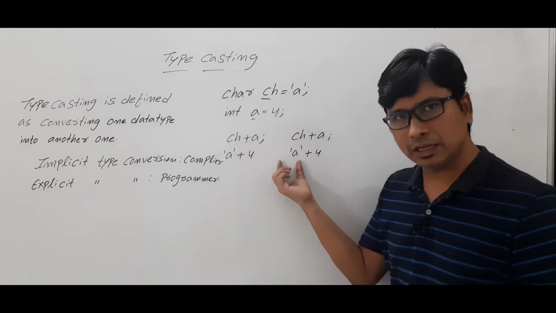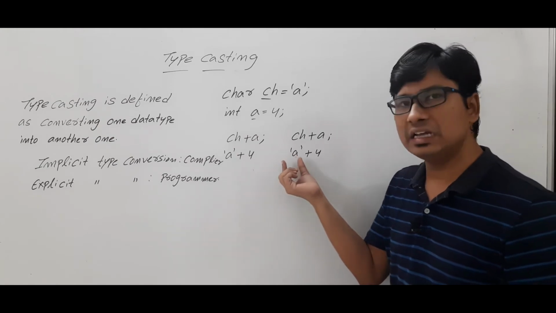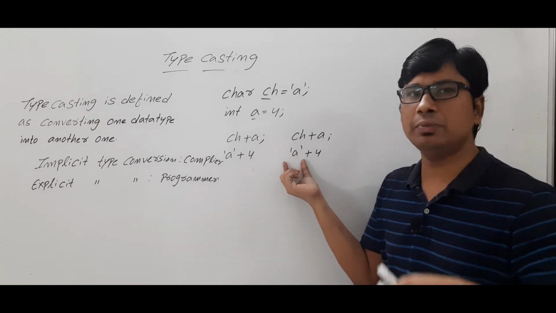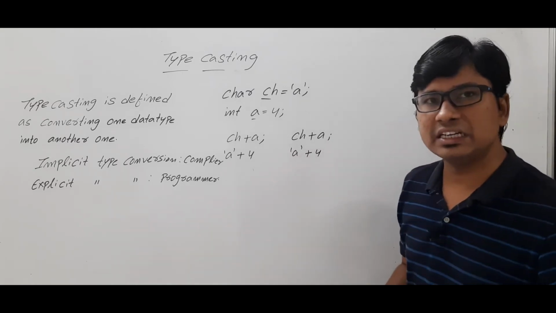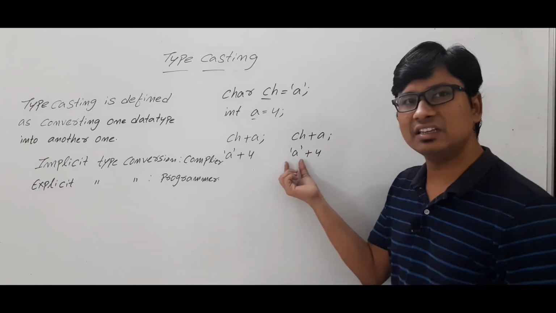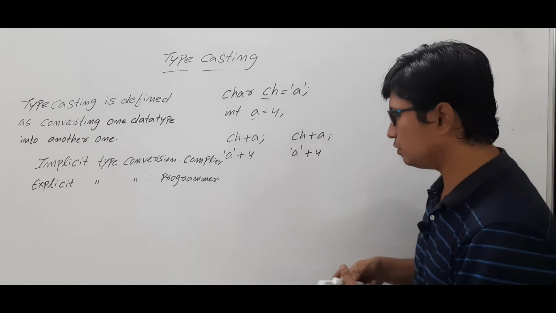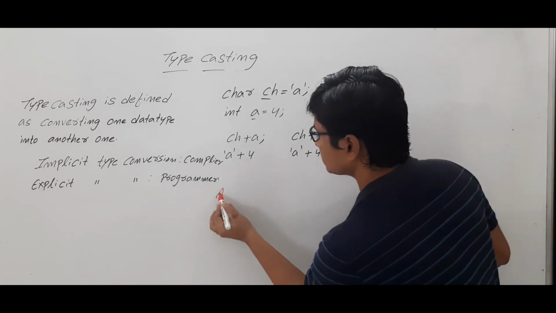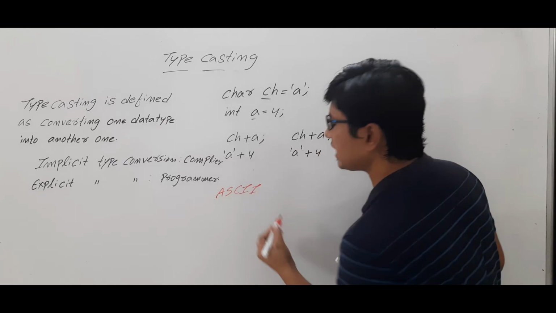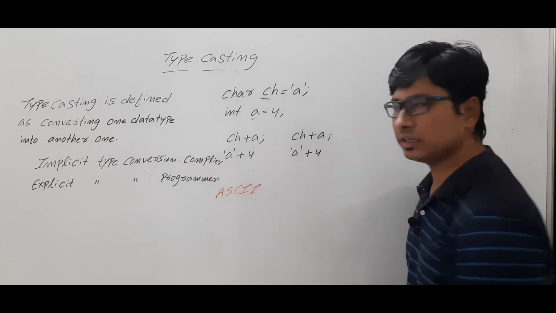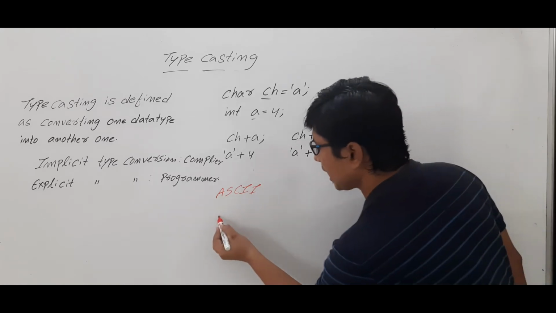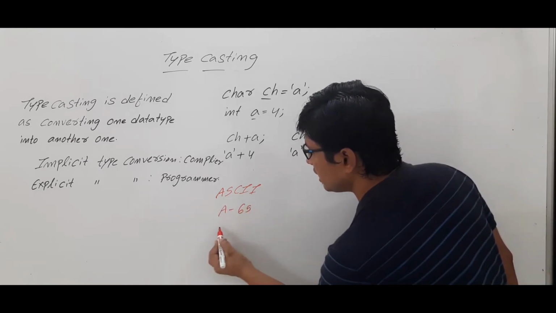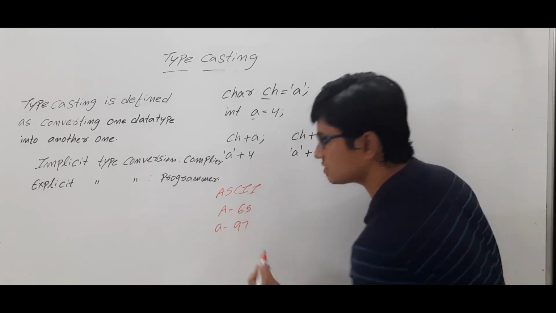So in the implicit type conversion, this character variable will be converted into an integer. What is meant by integer conversion? It will take the equivalent ASCII value of the character small a. What is the ASCII value of small a? For a capital A it is 65 and for small a it is 97.